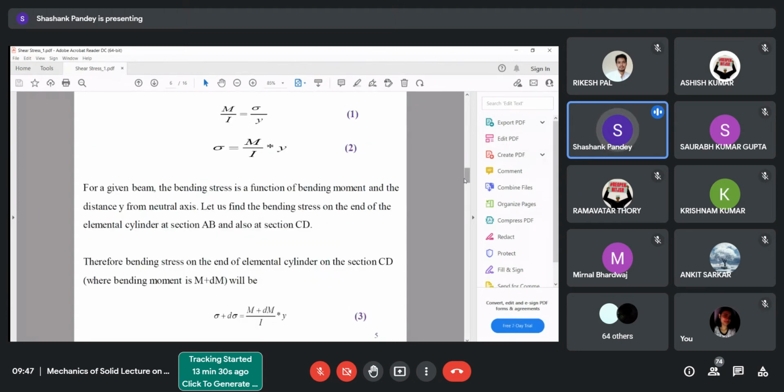Using the bending equation, we can write sigma plus d sigma equals M plus dM by I into y. So this gives the bending stress at distance CD.